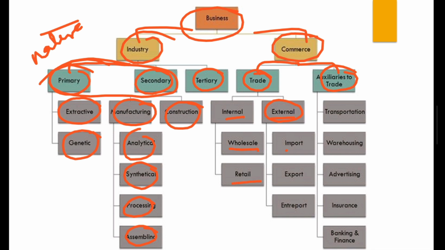External trade is again import, export and entrepot. Auxiliaries to trade, we studied about various activities that facilitate free flow of goods and services, which include transportation, warehousing, advertising, insurance, banking and finance. So these are the various types or classification of business activities.